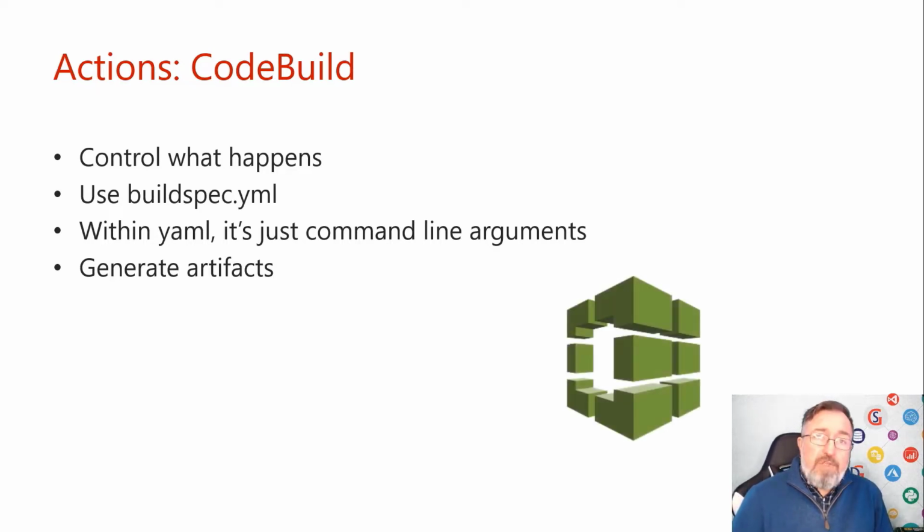Now, next up is code build. Now, code build is commands. And what the commands in this case are is a virtual machine. It's setting up a virtual machine. That's the first thing it's doing. And then the next thing it's doing is taking control of that virtual machine to use it as computing power to do something.